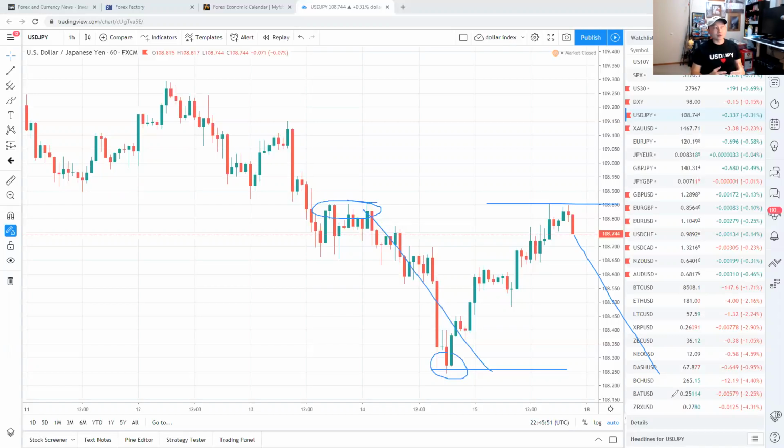It is very important to look at the 4-hour and the daily chart to pinpoint where prices are bouncing off of. So you have an overall structure to look at.